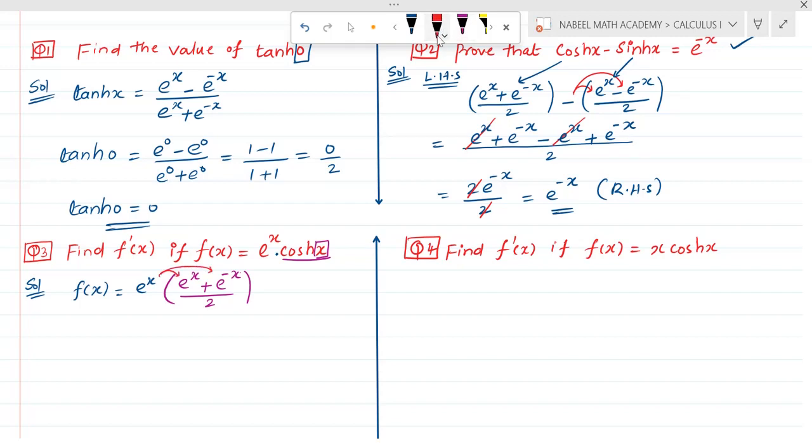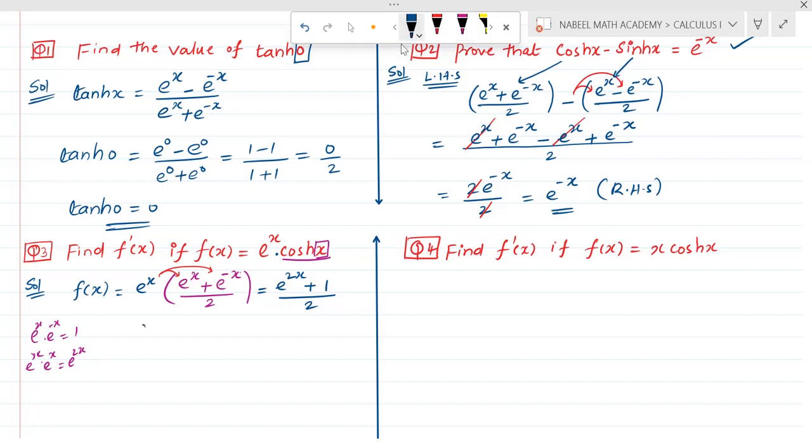This function becomes e to the power 2x plus, and if you multiply this one, the opposite sign e power x and e power minus x get cancelled, remaining 1 over 2. Why is it cancelled? Because e to the power x into e to the power minus x is 1. And e to the power x into e to the power x is e to the power 2x, because it's the same power. This is the same thing we have done.